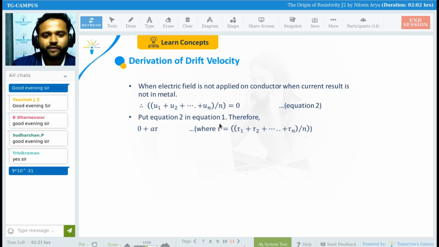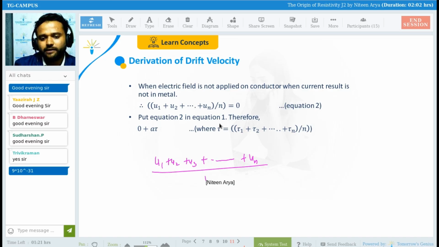Clear? Now one thing, this summation of u1 plus u2 plus un divided by n is going to be 0. Why so? And where tau is tau1 plus tau2 plus tau3 divided by n, and this is your average relaxation time. This u1 plus u2 plus u3 plus dot dot plus un divided by n is going to be 0. Now anyone tell me why?